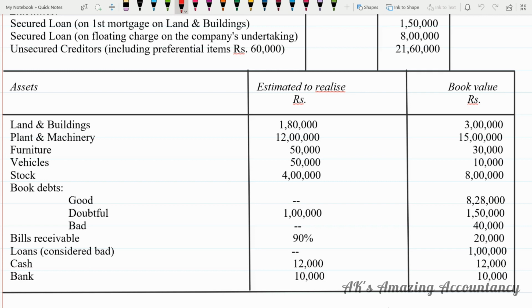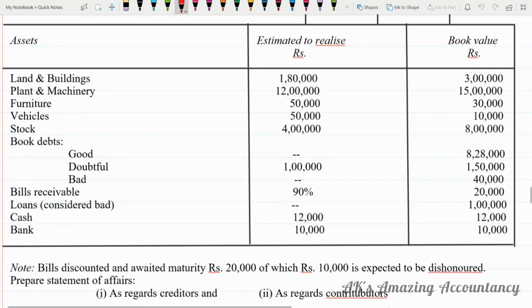Bad: in estimated to realize column nil, in book value column 40,000. Bills receivable 90% estimated to realize, book value is 20,000. Loans considered bad: in estimated to realize column nil, book value 1 lakh. Cash 12,000 in both the columns.